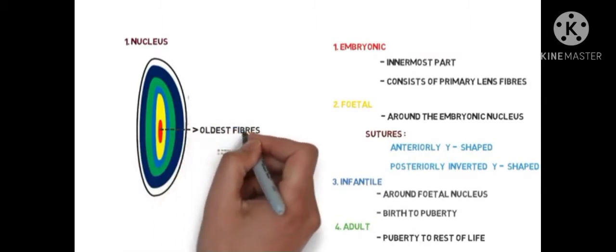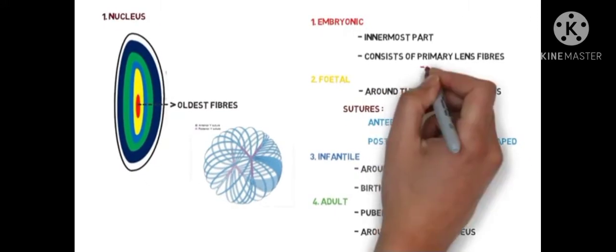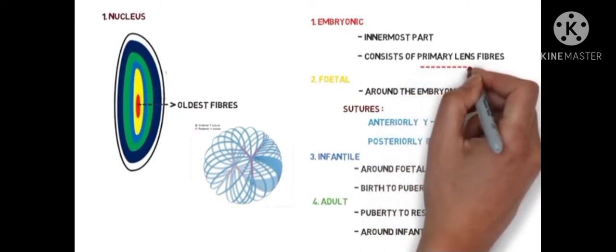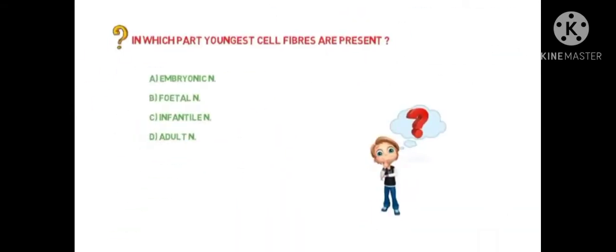Yes, at the center part the oldest fibers are present, that is, in the embryonic period the primary lens fibers are present in the central part. So the youngest fibers are present at which part? Yes, absolutely right. It is the adult part. And if you have the option of cortex, then you must write cortex.